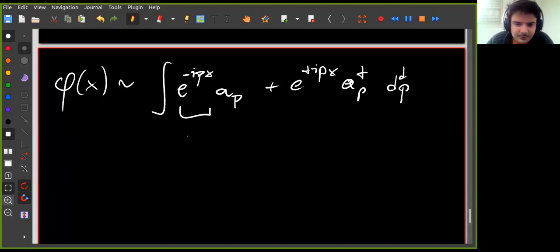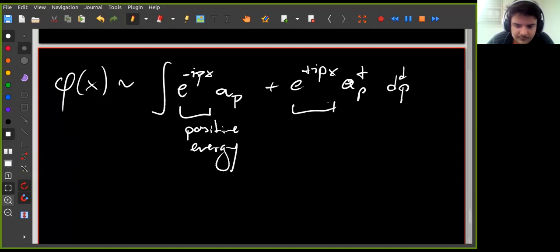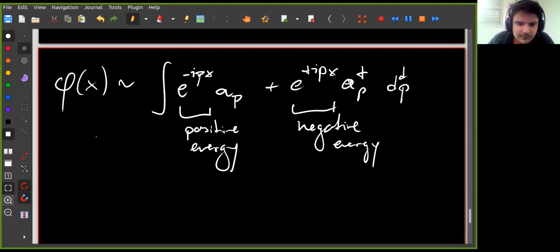So this one is positive energy. This one is negative energy. So you see that the notion of positive or negative energies is what allows me to define the ladder operators.